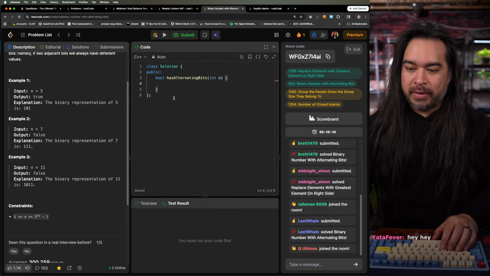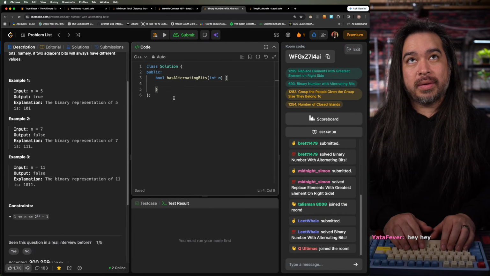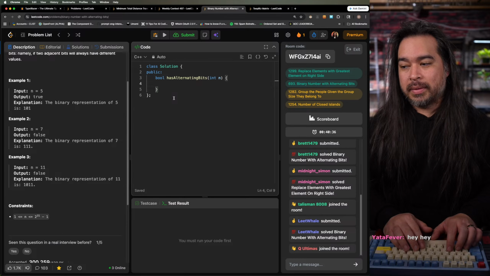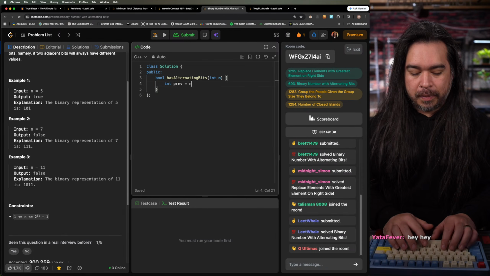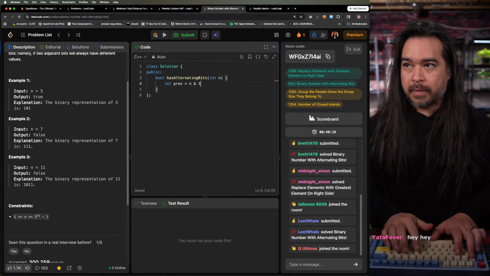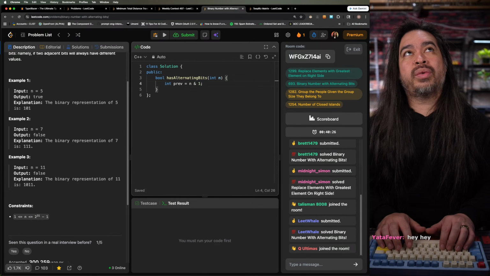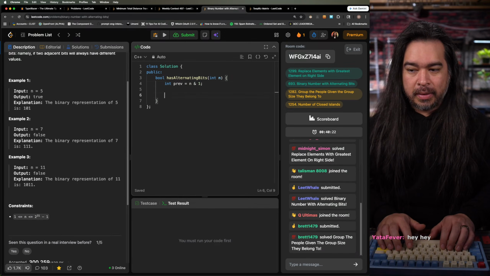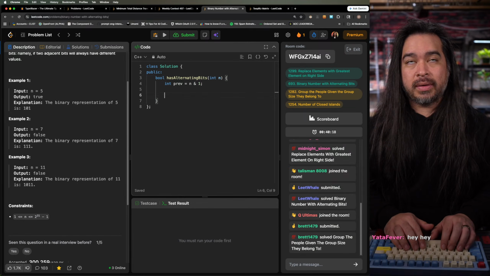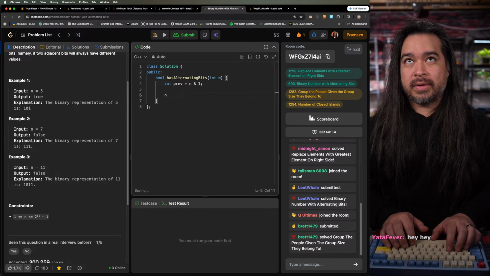If the previous bit and 1, so that's the previous bit, and then I want to shift it to the right.